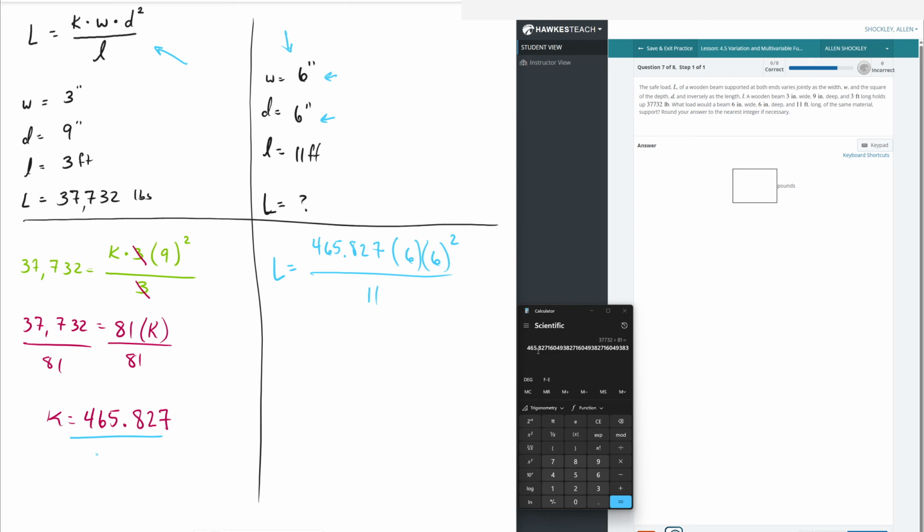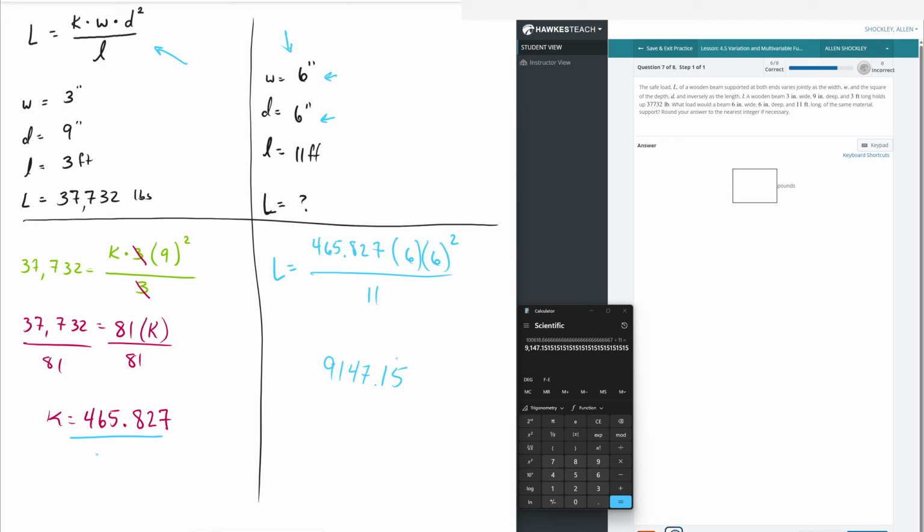So I'm going to multiply it by 6, multiply it by 6 squared, and divide that by 11. Interesting. We'll see if my calculator worked. 9147.15.